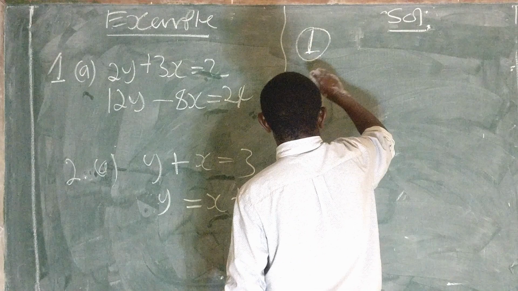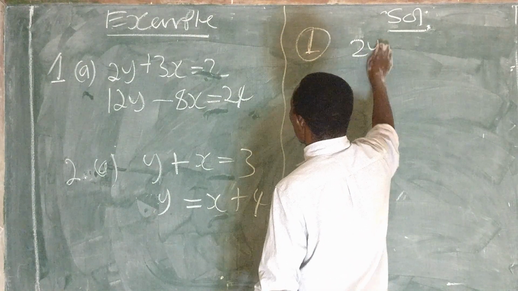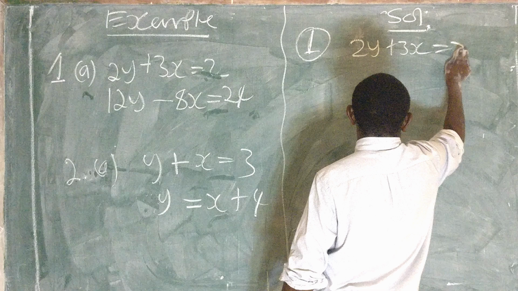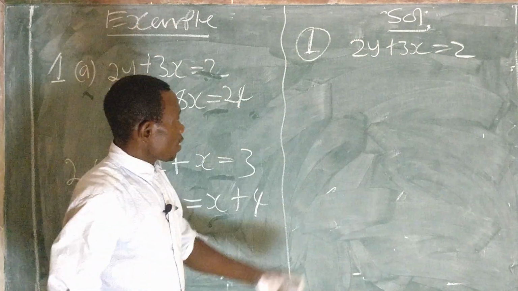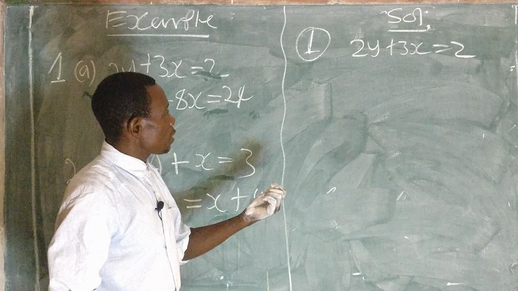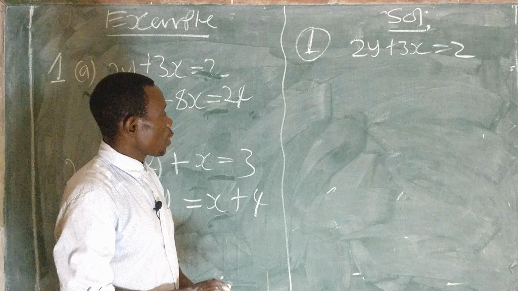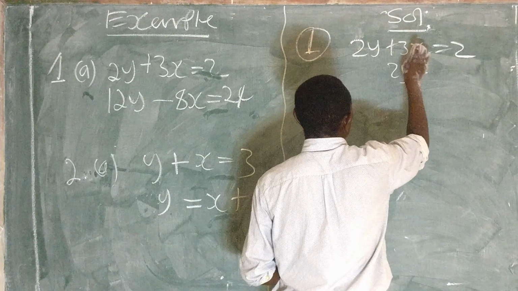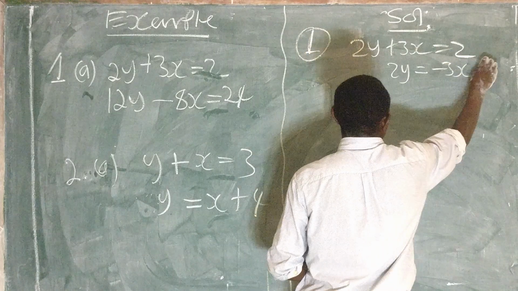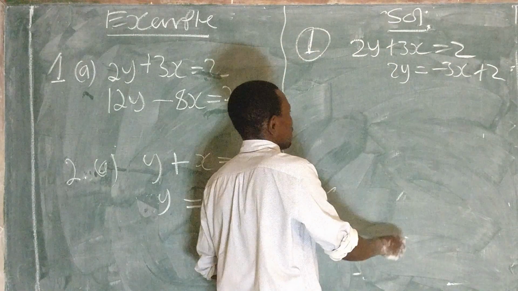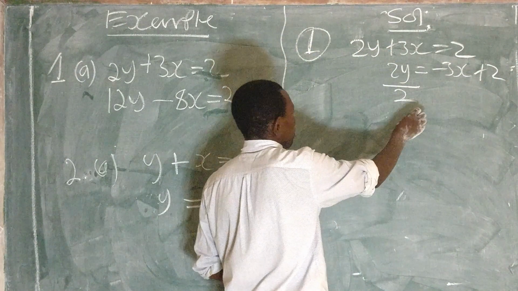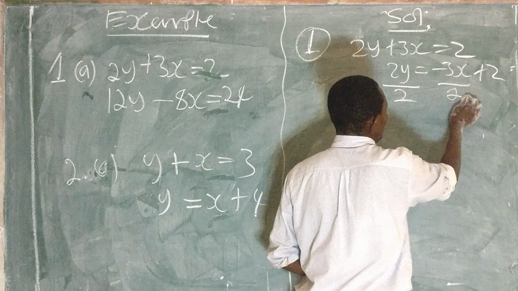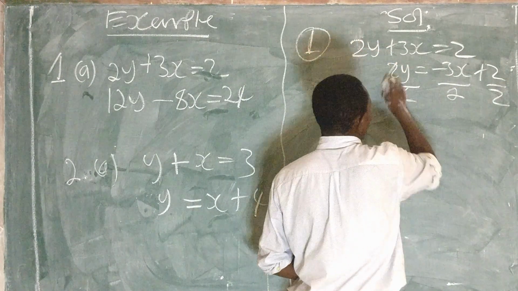Number 1, we have the first equation as 2y plus 3x is equal to 2. In that format, we cannot have the gradient until we make y the subject. So I'll have 2y is equal to negative 3x plus 2. I divide both sides by 2.